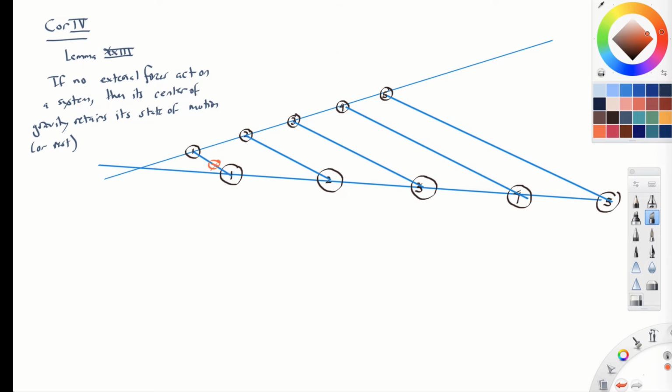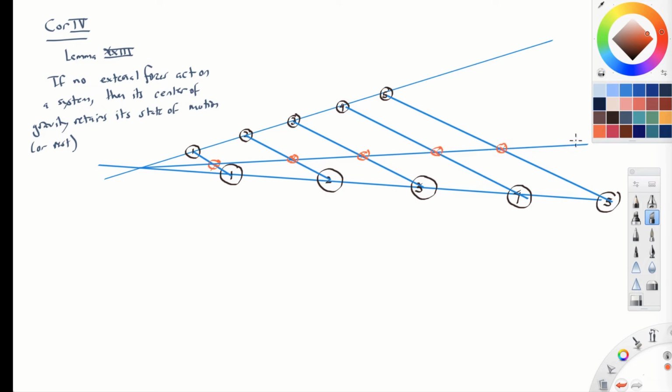So what's going to end up happening is the trajectory of the center of gravity is going to travel in a straight line. If the center of gravity was here at the first moment in time, it is going to be here at the next moment, here at the next, here at the next, and here at the next.